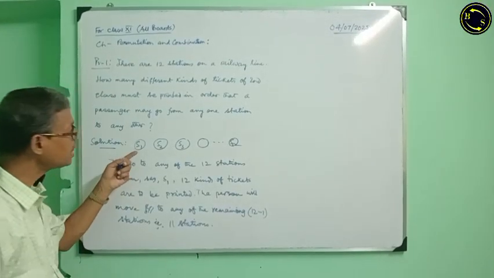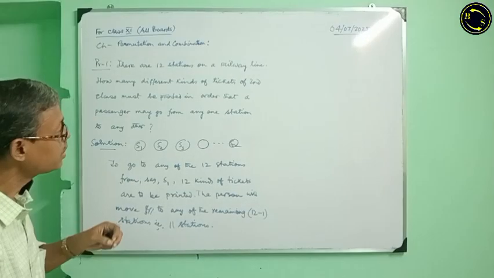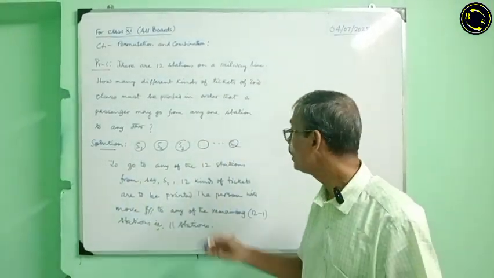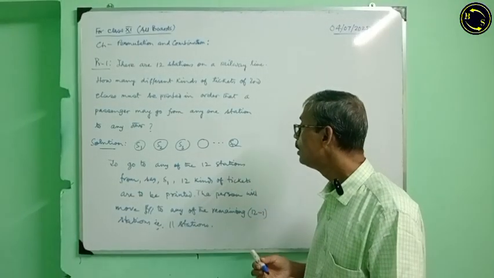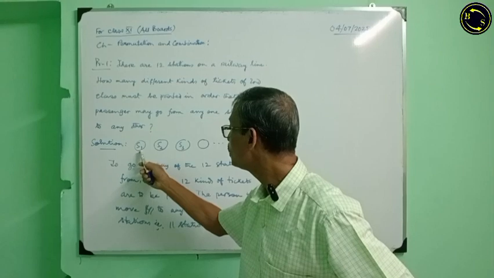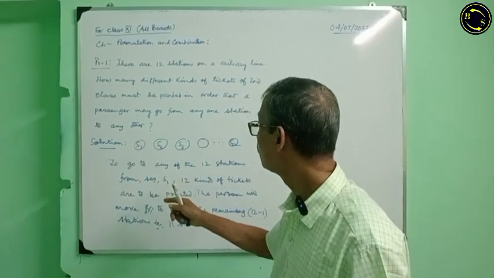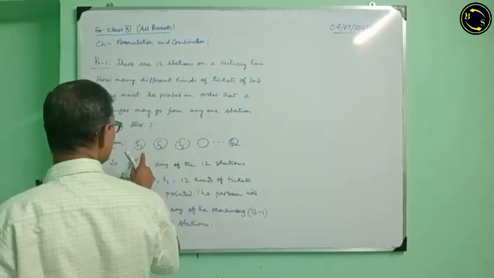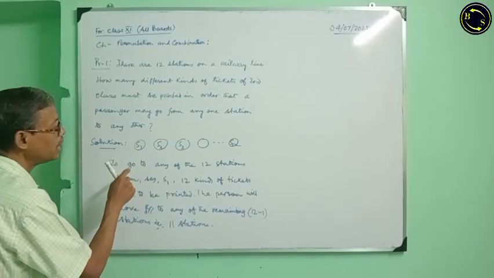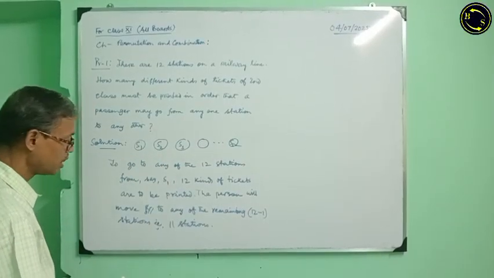That means after reaching one station, he can move to any of the 11 stations. If he starts from S1, then he can go to any of the 11 stations.